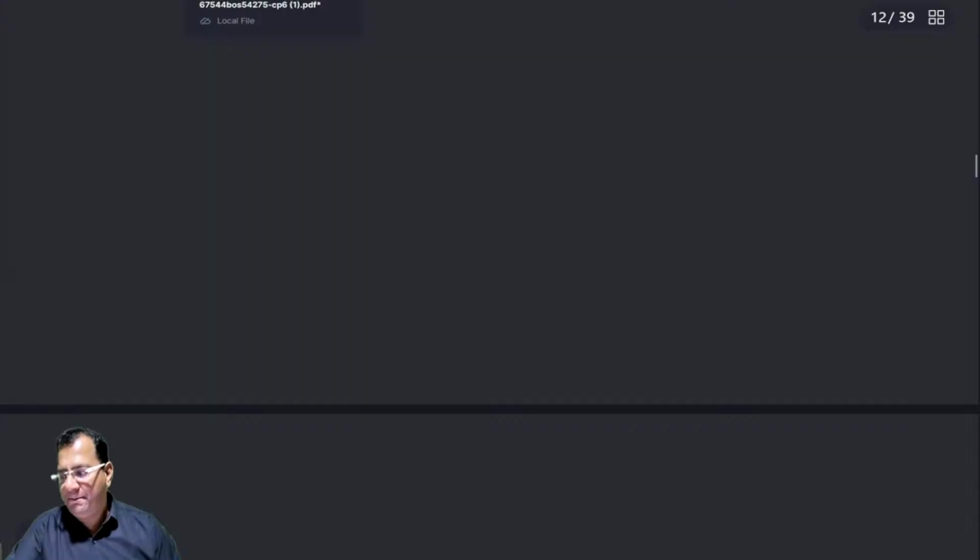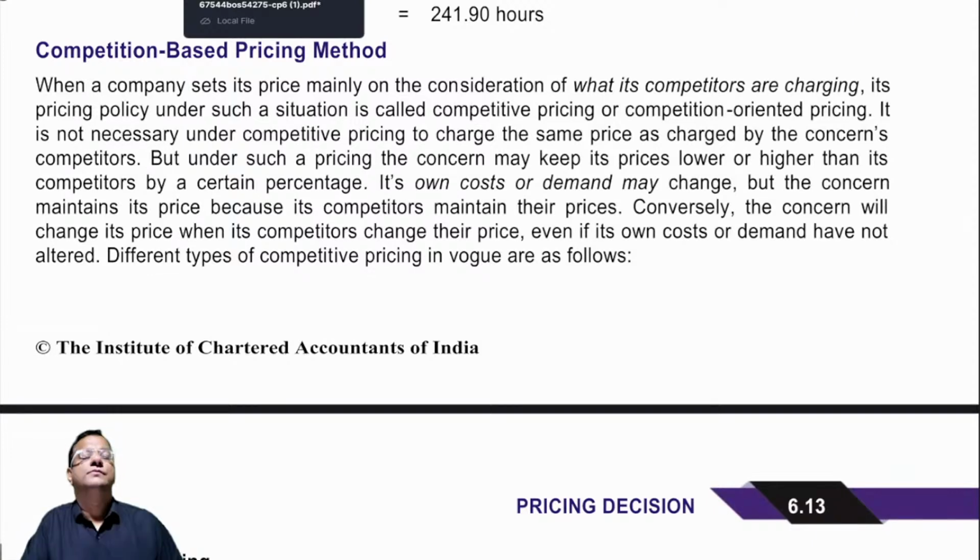Please write down the first point, meaning: when a company sets its sale price based on what competitors are charging, it's known as competition-based pricing method.